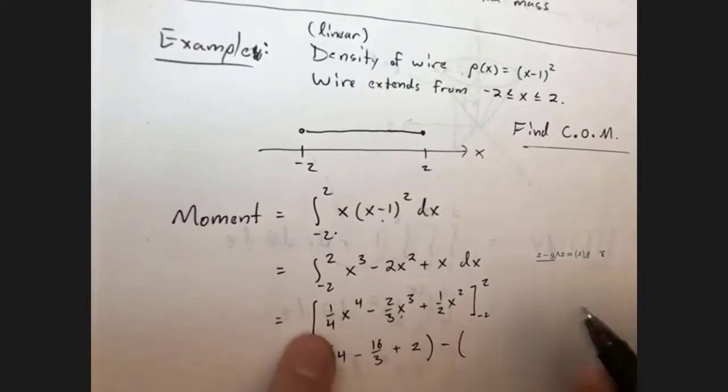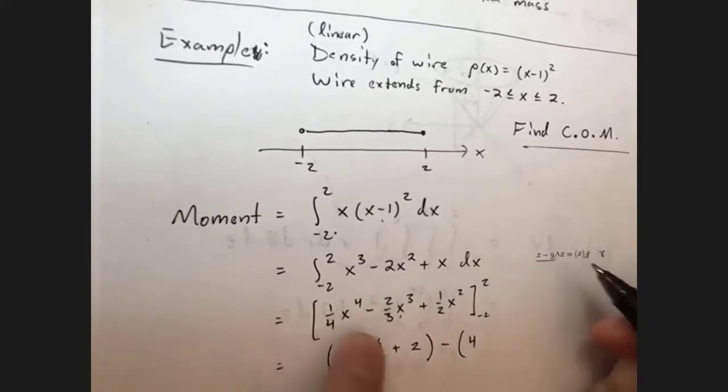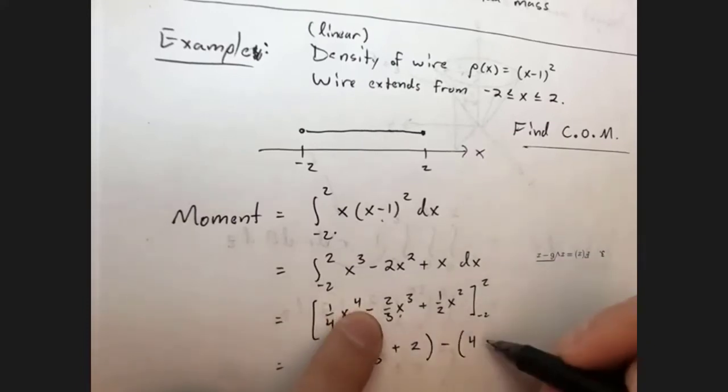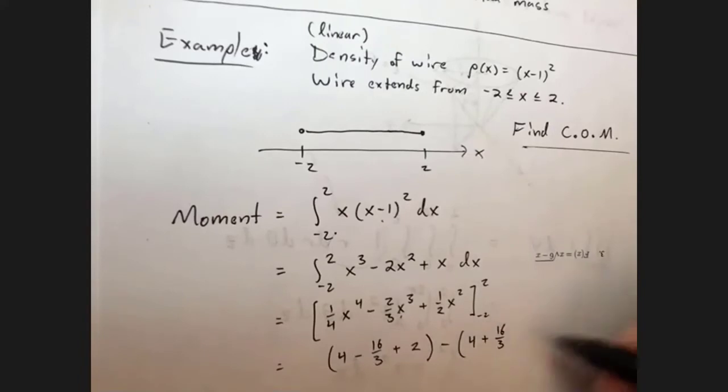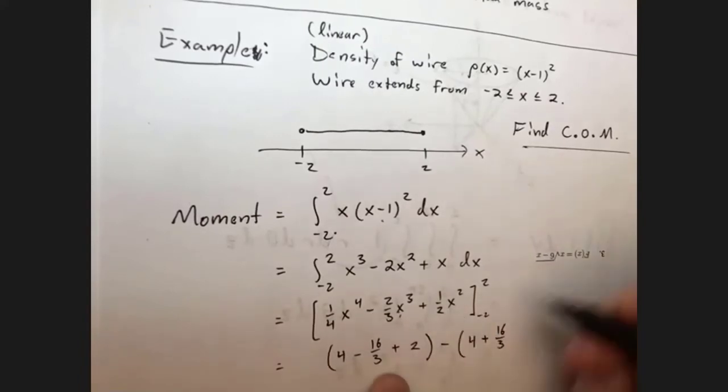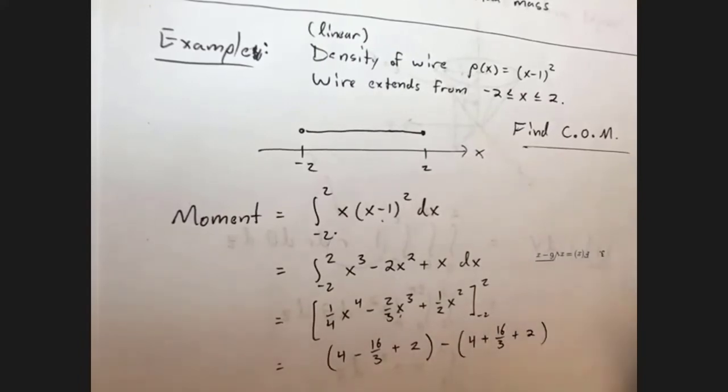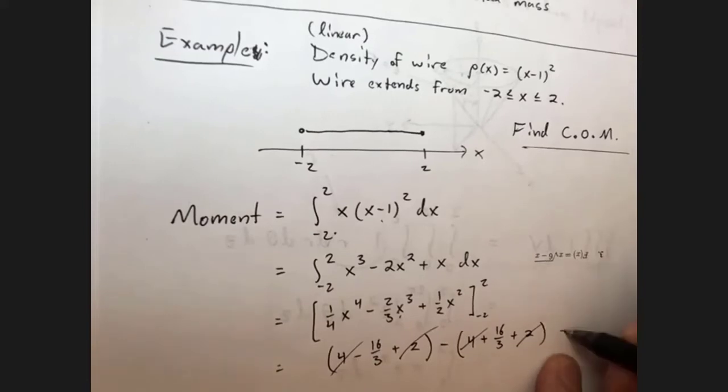When I plug in -2, I get, again, 4, a negative and a negative make a positive, and then again 2 here. So the 4's cancel, the 2's cancel. I really just have negative 16 thirds minus 16 thirds, so that's minus 32 thirds. That wasn't too bad.